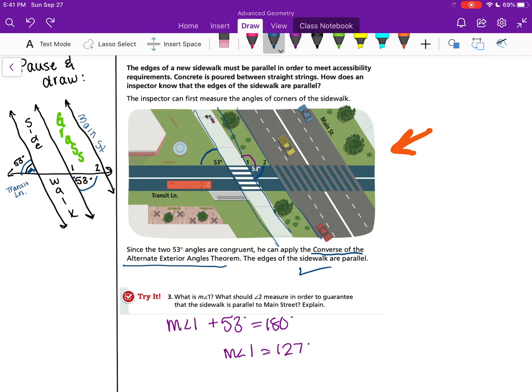They have to add up to 180 degrees, because for those lines to be parallel, those angles must add to 180 degrees. So the measure of angle 1 plus the measure of angle 2 has to equal 180 degrees for those lines to be parallel.